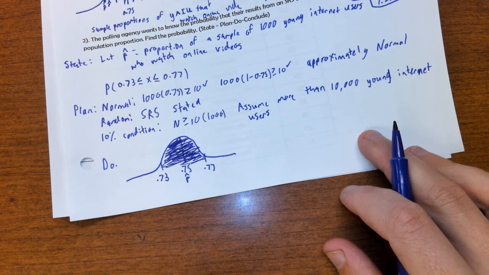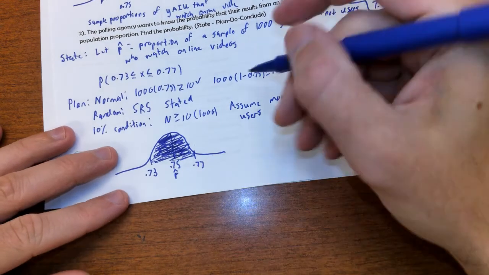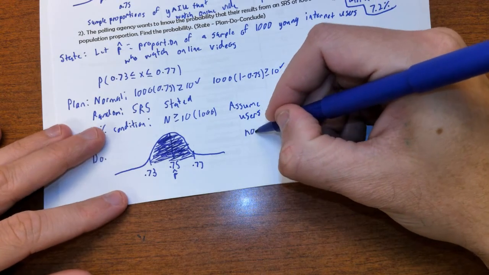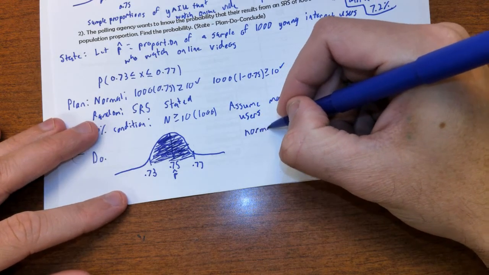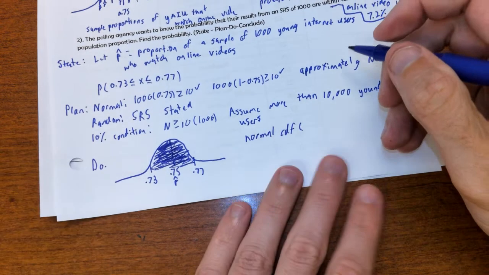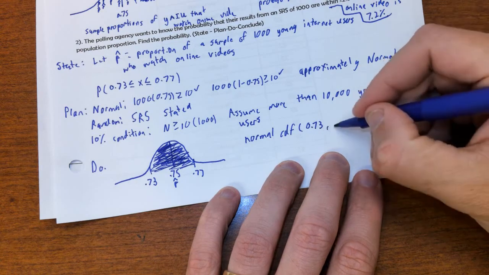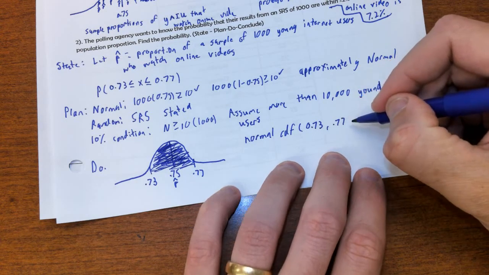Well, we know we have a normal curve, so we can use normal CDF. Our lower bound for this region is 0.73. Our upper bound is 0.77.